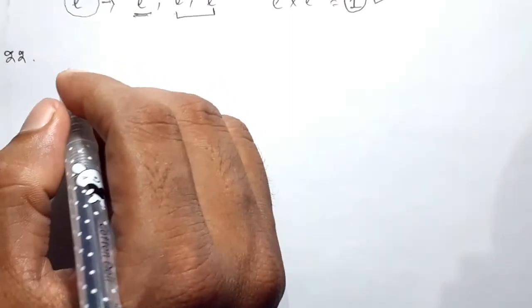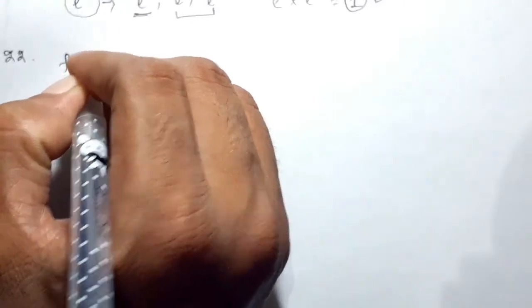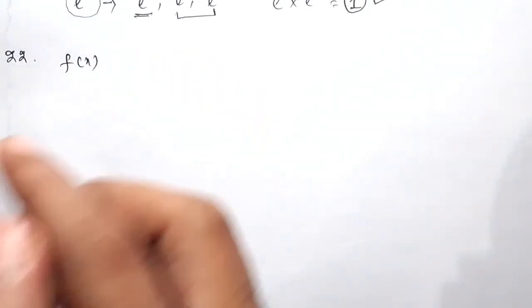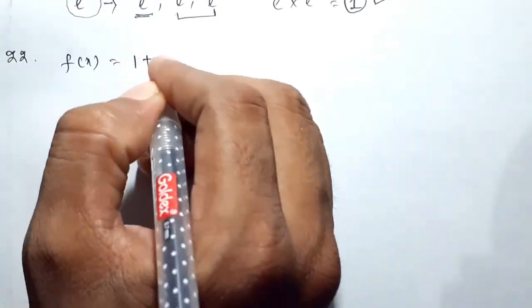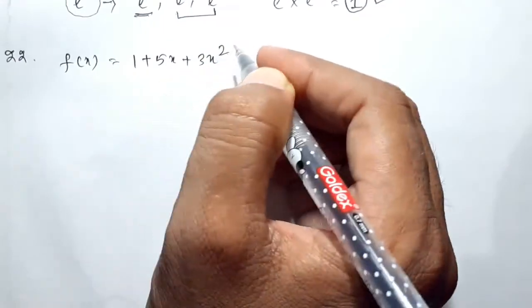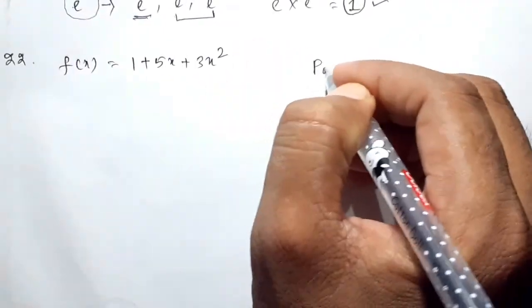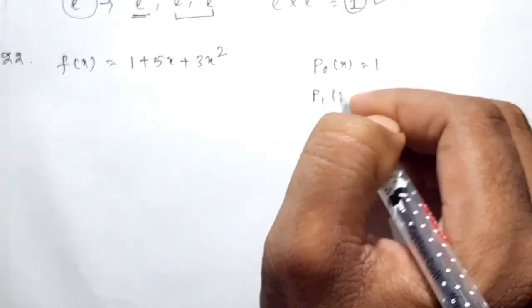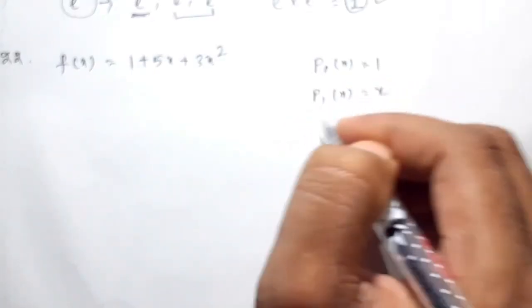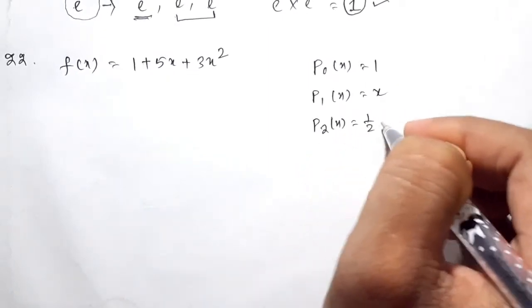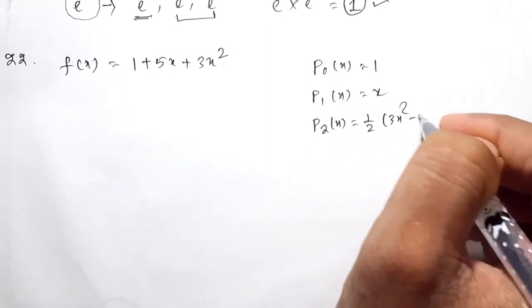We first write down the given function. The f of x is given as 1 plus 5x plus 3x square. It is given that p naught of x equals 1, p1 of x is x, and p2 of x is half of 3x square minus 1.